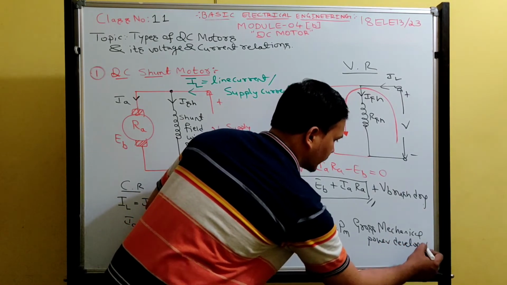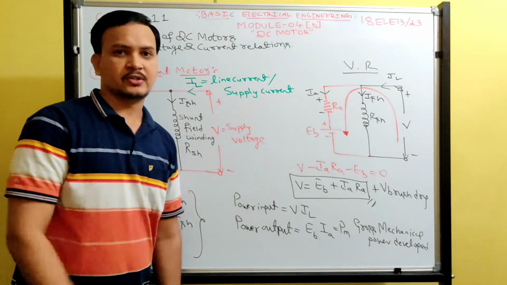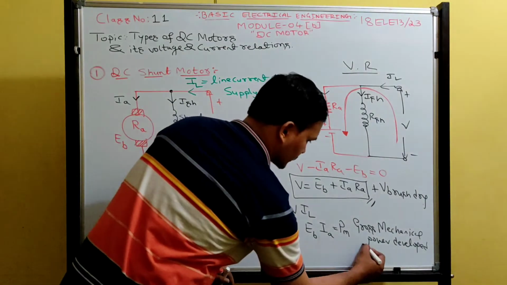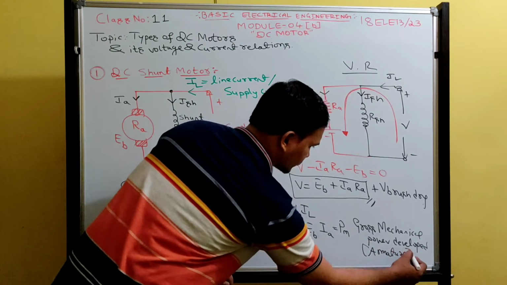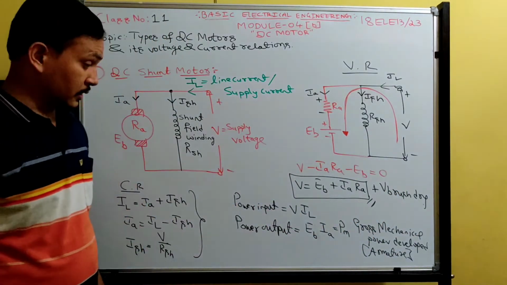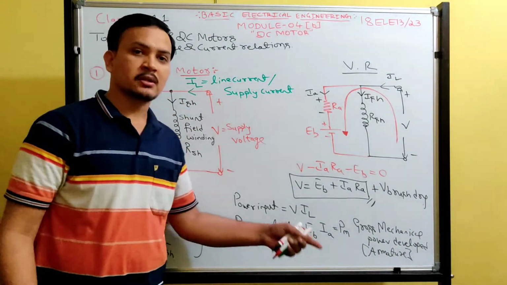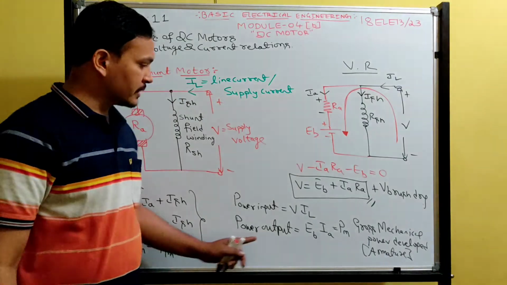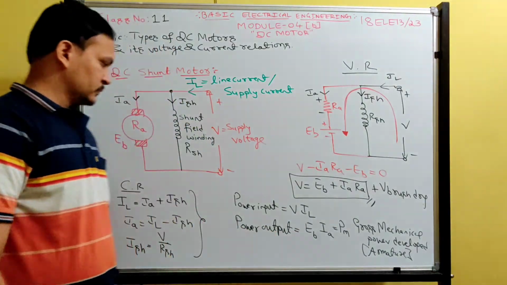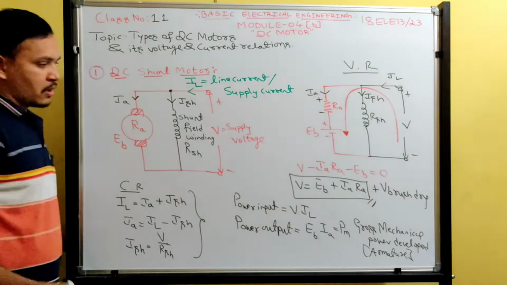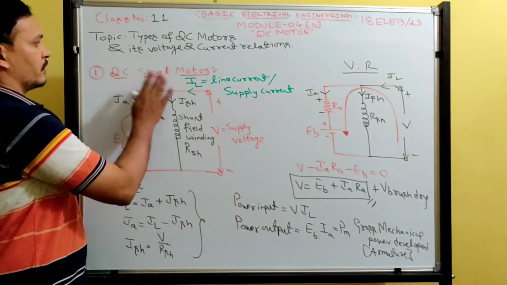In the armature. For all types of motors, these two are the same: input power is V IL and output power is EB IA. Got it? Okay guys, pause the video and copy down. Next we are going to the series motor.